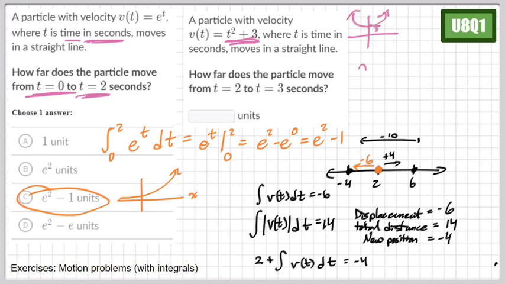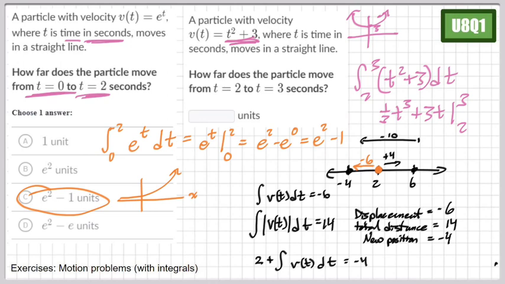So we're going from 2 to 3 of t squared plus 3 dt. This time we have to use the antiderivative rule with the t squared and the 3. So we would get 1/3 t to the third plus 3t, and then we plug in 3 and 2 and subtract them, and that gives us our final answer, which tells us how far the particle actually moves.